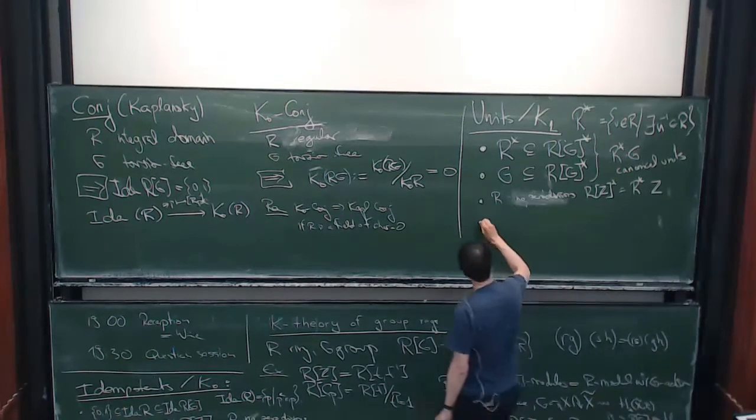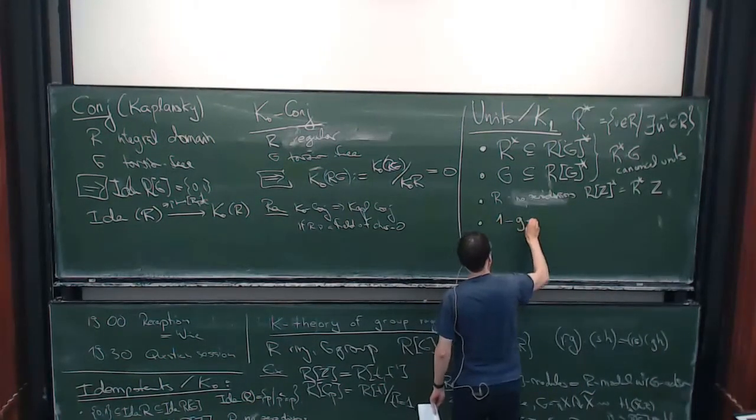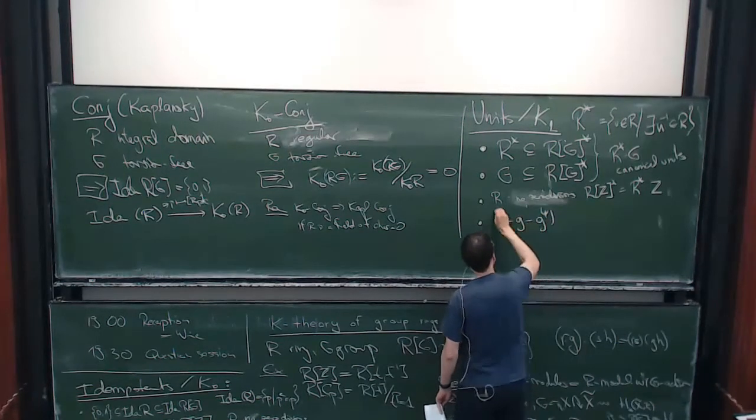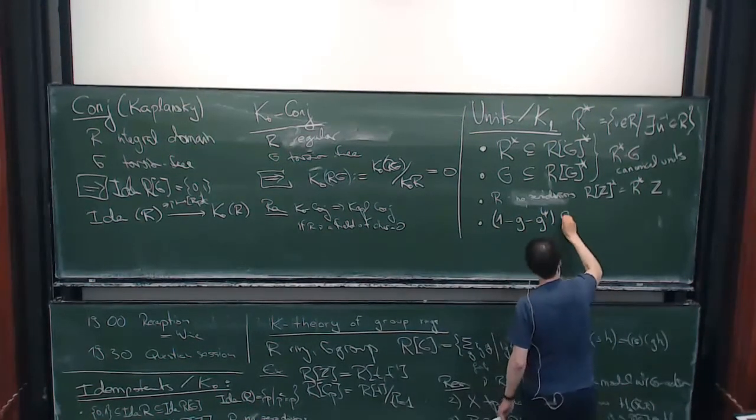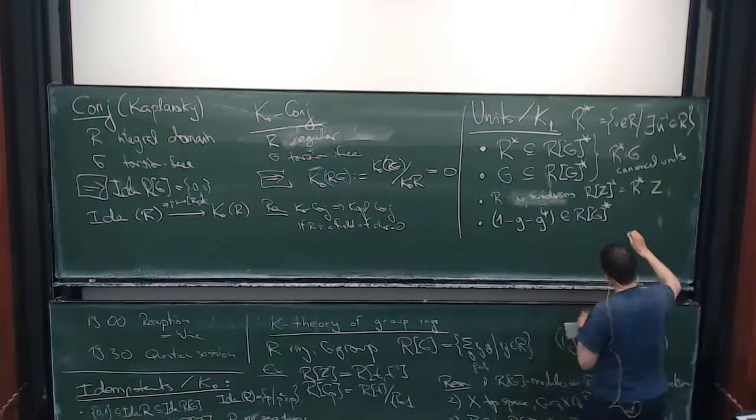On the other hand, if we have torsion, then interesting things happen. For example, if we have an element of order 5, then this element turns out to be a unit.